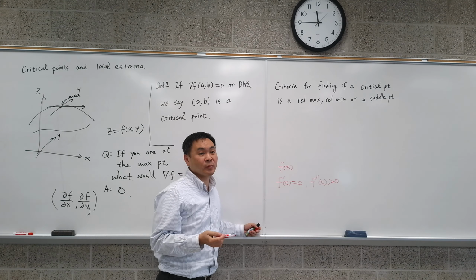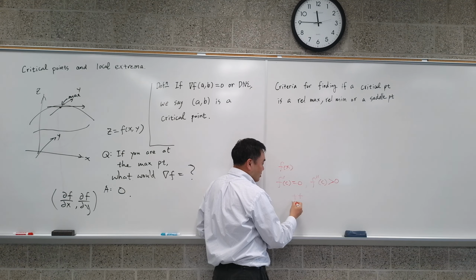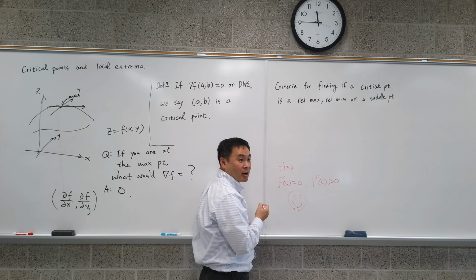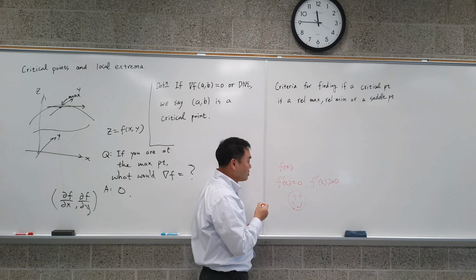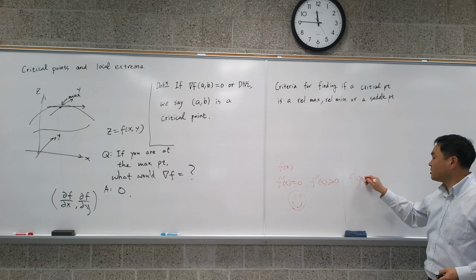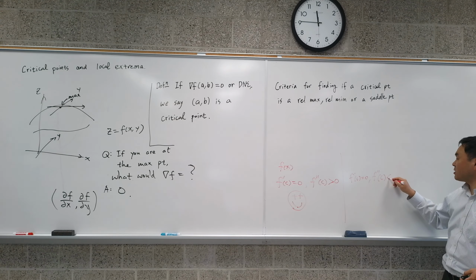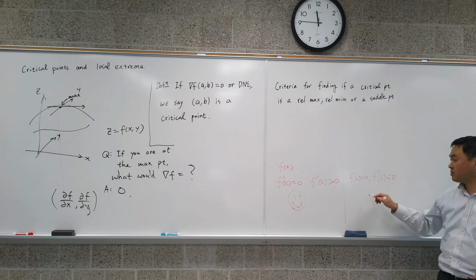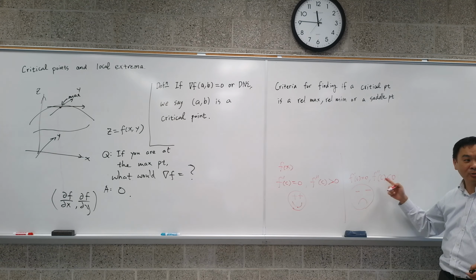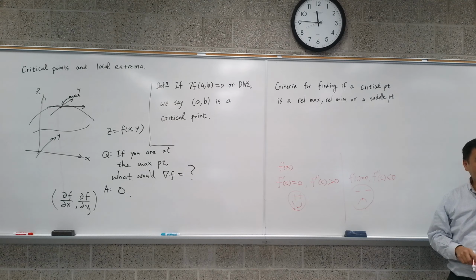Yeah, relative min, because if the second derivative is positive, you have the happy clown, and at the bottom you have the minimum, right? On the other hand, if f prime of c equals 0 but f double prime of c is less than 0, then you have the sad clown, and then you have the relative maximum.